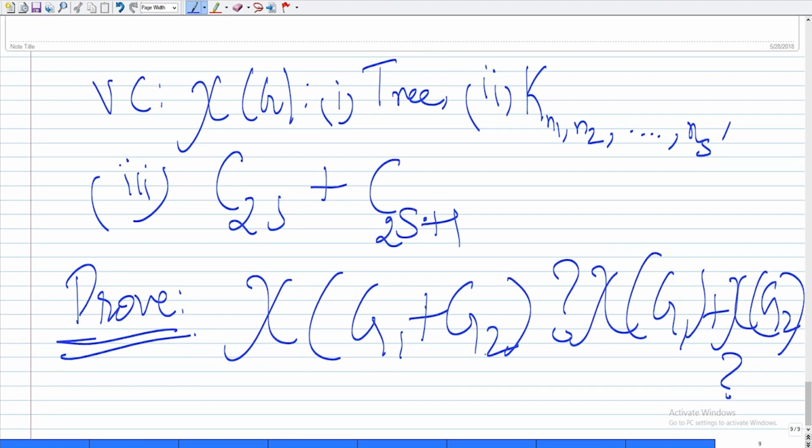Okay. So, edge coloring is another variation of vertex coloring. So, what is the variation in edge coloring? Anybody quickly? Okay, here we want to color the edges.